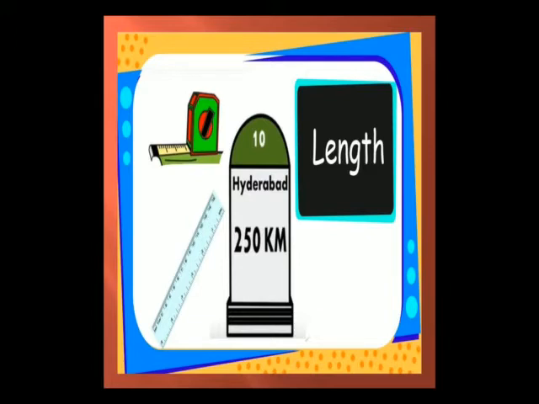When you are sitting with your partner, then both of you divide the length of the benches. You often try to measure the length of your classroom, whether this room is bigger or that room is bigger. It means length is the distance between 2 points.